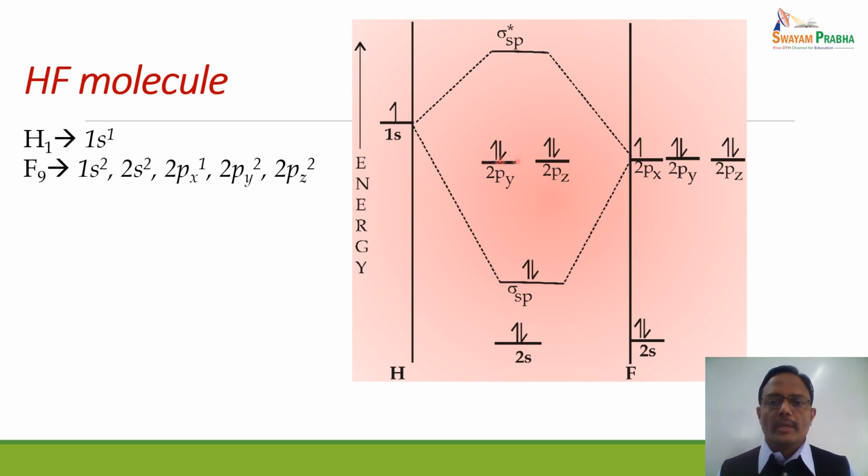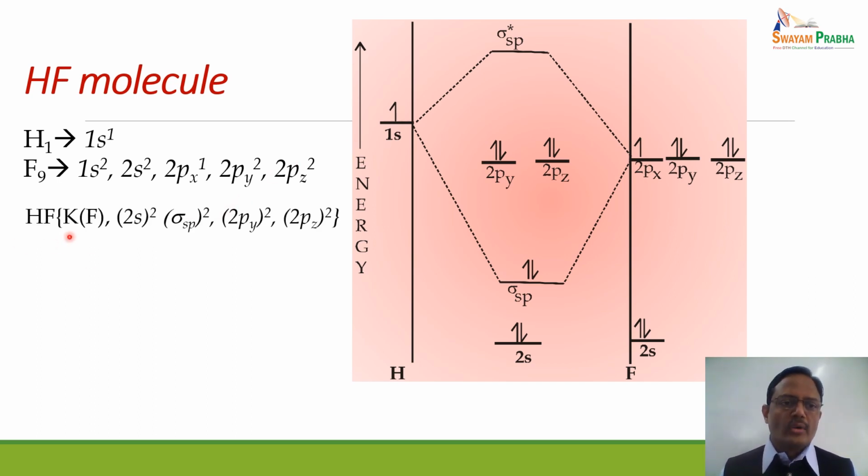These two will be degenerate, whereas sigma sp star will remain vacant. So the electronic configuration of this molecule can be shown as HF: this is K, the K shell of fluorine, followed by 2s2, sigma sp2 and pi 2py2 equal to 2pz2.